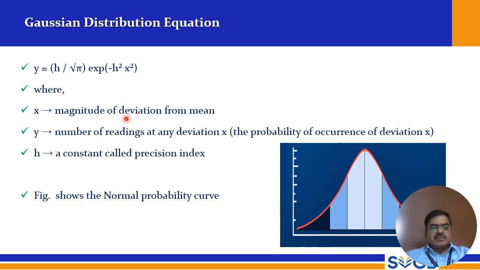Here x is the magnitude of deviation from the mean, y is the number of readings at deviation x, the probability of occurrence of deviation x, and h is a constant called the precision index. This is the normal distribution curve, the normal probability curve.